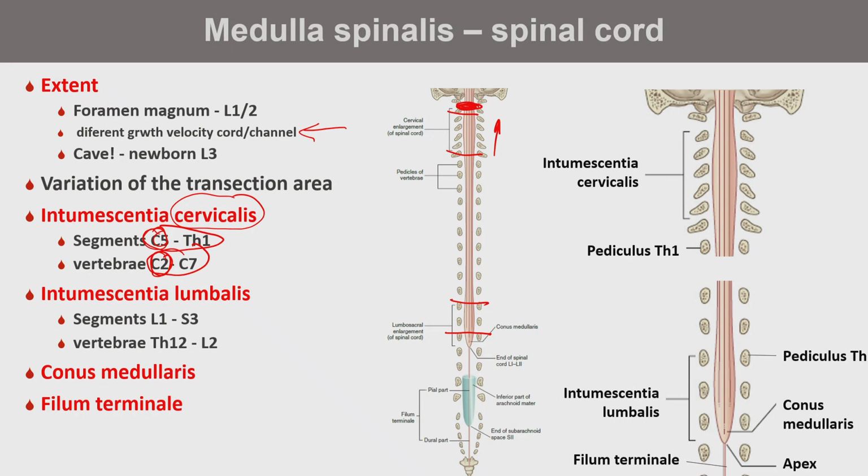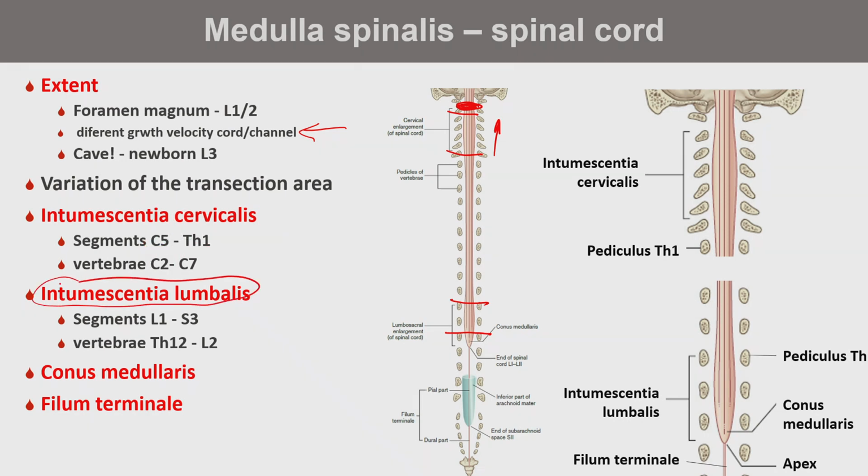So then this patient who has injury here has quadriplegia, so no motion of all four extremities, but also the patient is not able to breathe without any support of artificial ventilation. So this is very important. So this is a very important clinical thing.